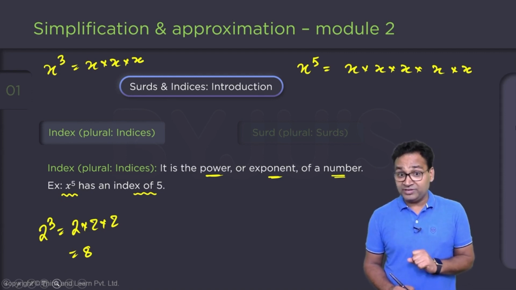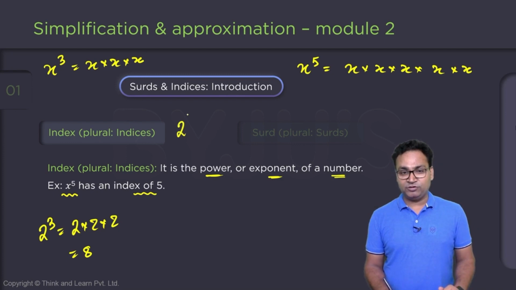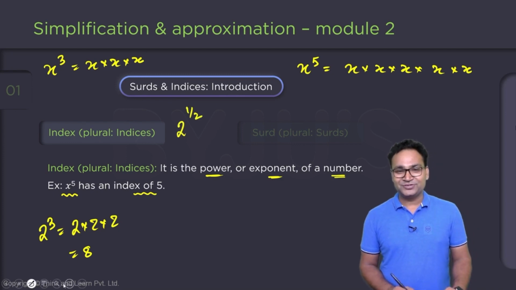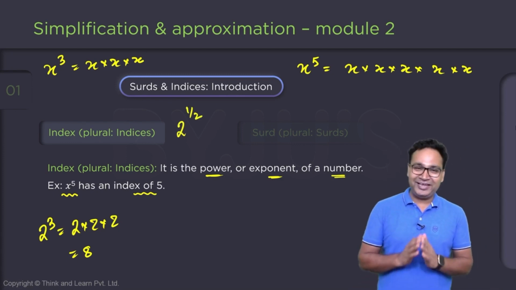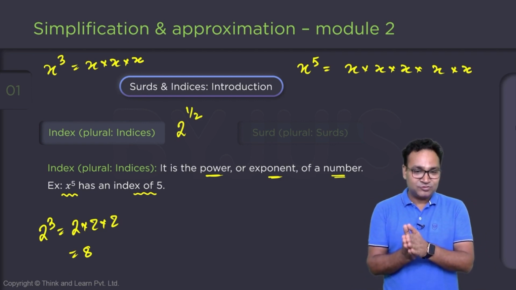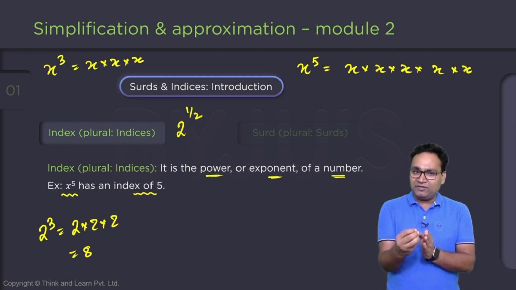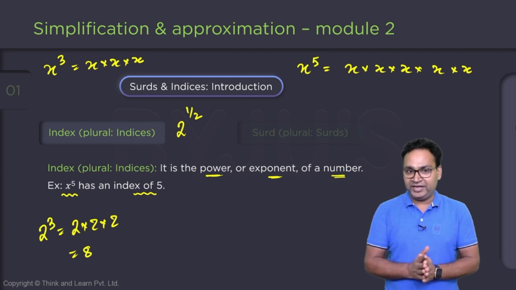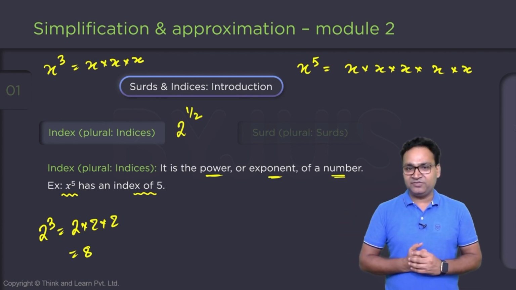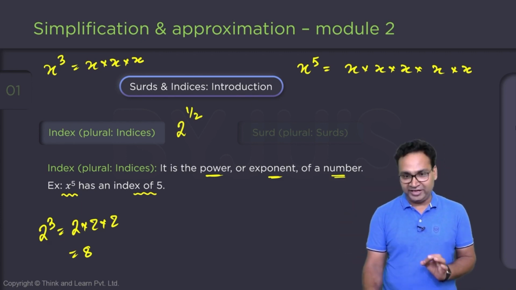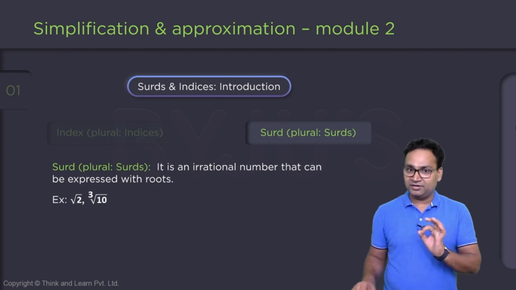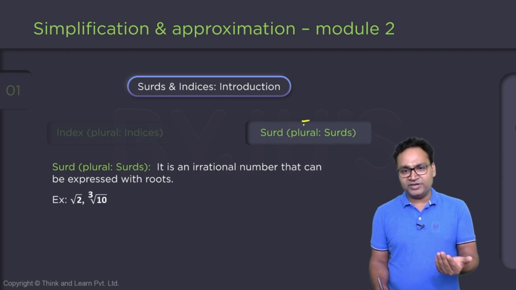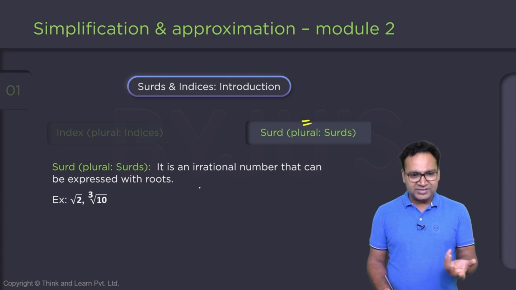Now the problem starts when the power of 2 is 1 by 2. Would it be like you are multiplying 2 half times? So basically, whenever the power of a particular base is in decimal or in fraction, we start calling it a surd. In plural form, it is called surds. So what is the exact meaning of surd?